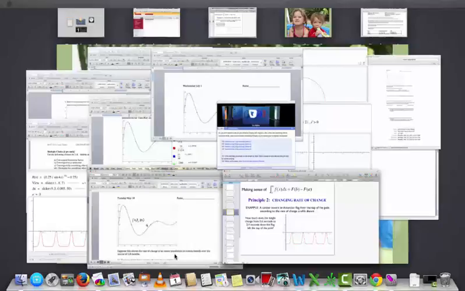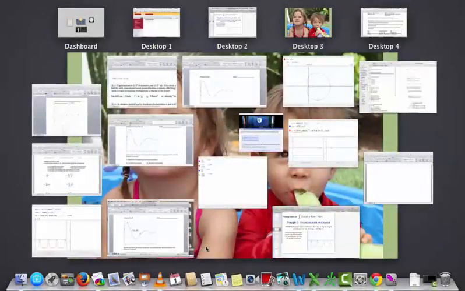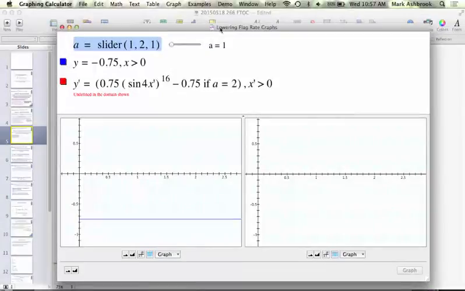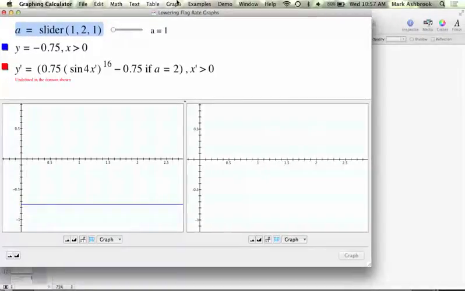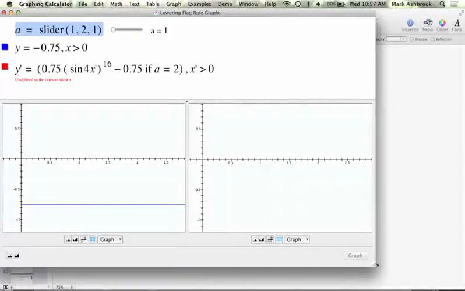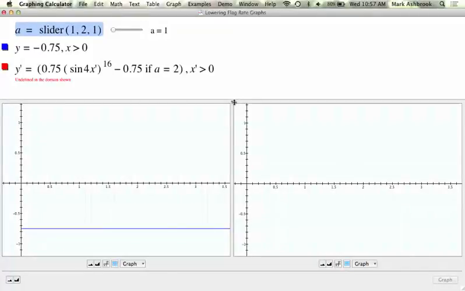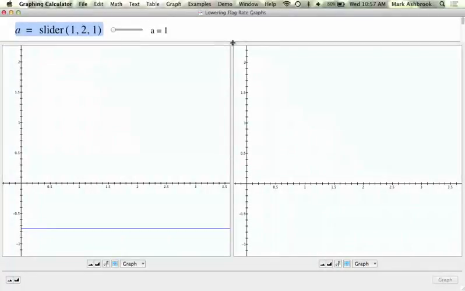Okay, so let's look at this. We've got a graph over here.